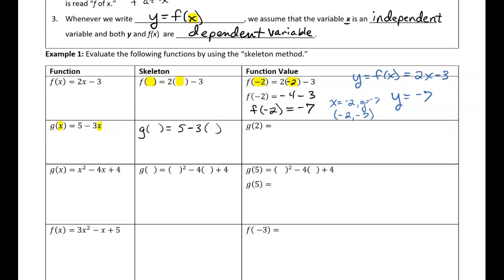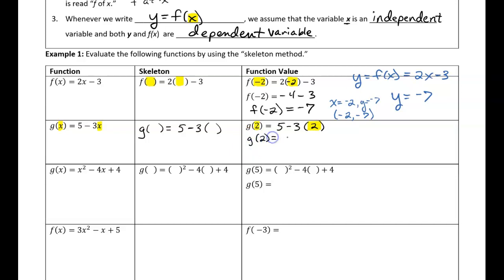So then the last part of the table, we have g of 2 is equal to, got to figure that out. So I'm going to copy down my skeleton, right? g of x is 5 minus 3 times this blank spot. And in this case, we want a nice positive 2 into that blank spot. We're substituting, plugging in a 2. And then we go with our order of operations.